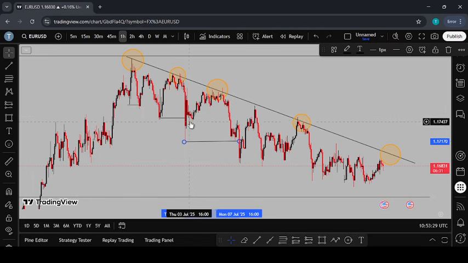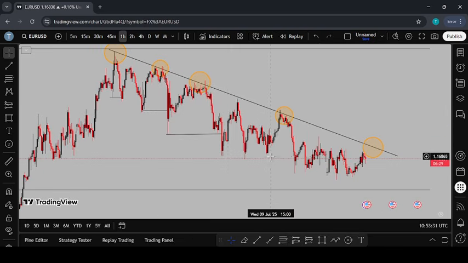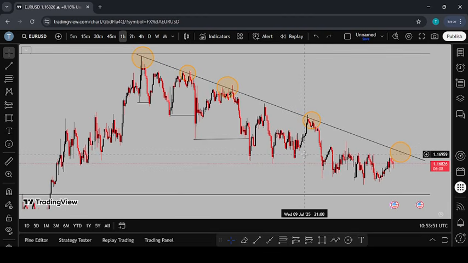You can see this one is not even part of it, because when it pushed down there was no break of structure here. It didn't create a swing point. You can see when this one pushed up and pushed down, it created that swing point. It took out this previous low. Okay, beautiful.